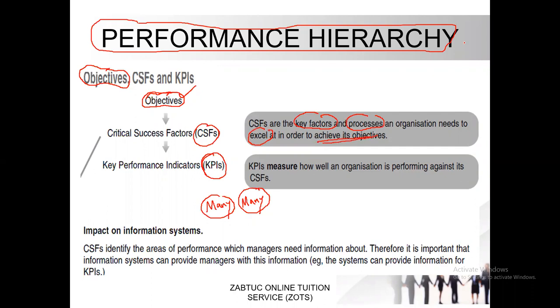So for us to achieve our objectives, there are factors that are critical. There are processes that are critical. And it's not only one. Remember, it says critical success factors. It can't be a single factor. Several factors. So if the critical success factors are in place, then you're on the right path.